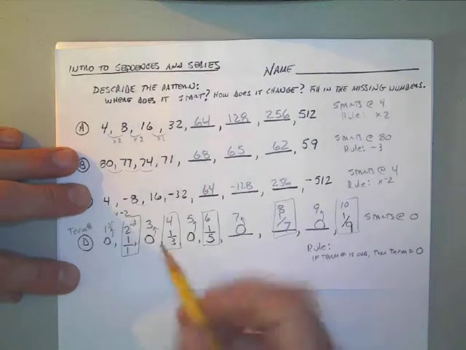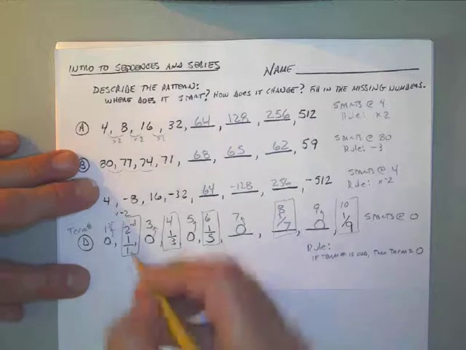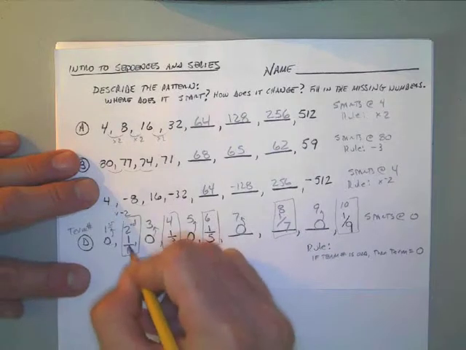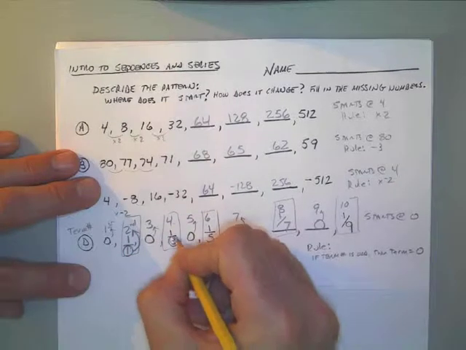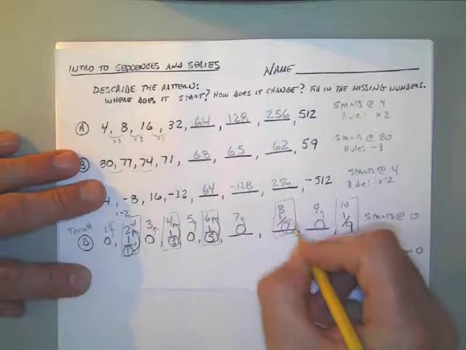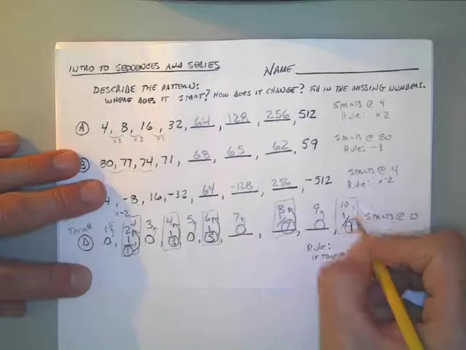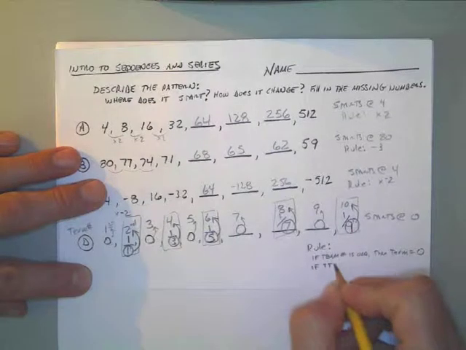And what I see is that the numerator is always 1. And is there a relationship between the denominator and the term number? Do you see a pattern between the denominator and the term number? Well, this is what I'm noticing.